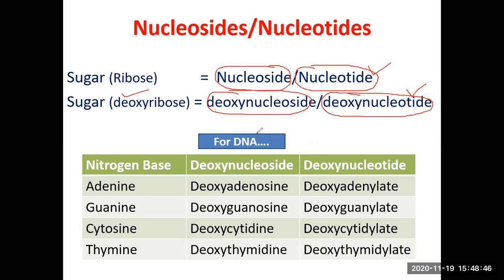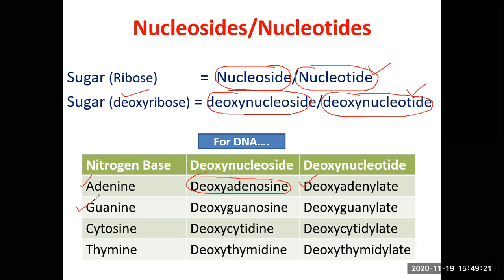Okay. For example, for DNA, let's say the nitrogen base is adenine. When it combines with the sugar, that is deoxyribose, the resulting nucleoside is called deoxyadenosine. And when it combines with phosphate, the resulting nucleotide is called deoxyadenylate, or you can call it deoxyadenosine monophosphate if there is only one phosphate group, deoxyadenosine diphosphate if there are two phosphate groups, or deoxyadenosine triphosphate, that is dATP, if there are three phosphate groups attached.